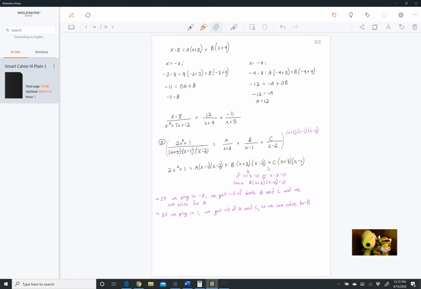So this is our last one. If we plug in 2, we get rid of a and b. So we can solve for c.